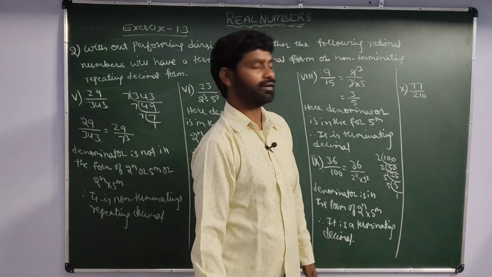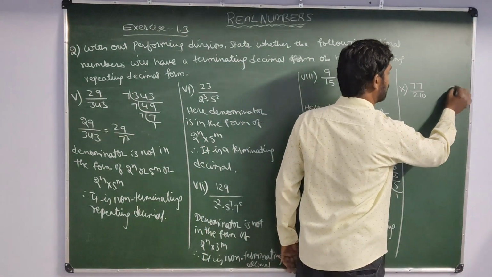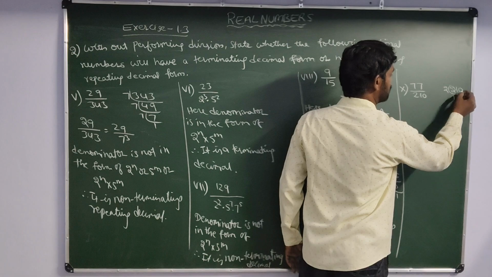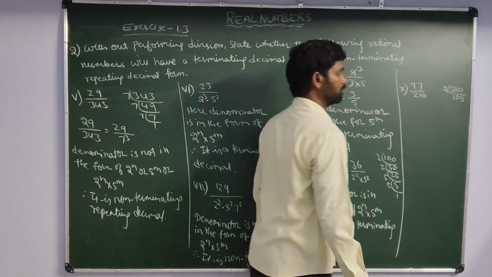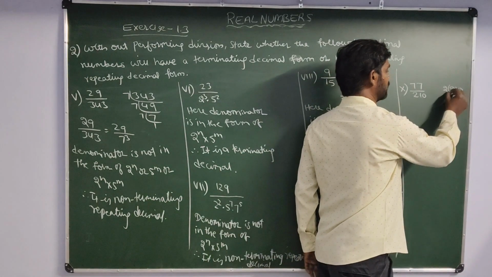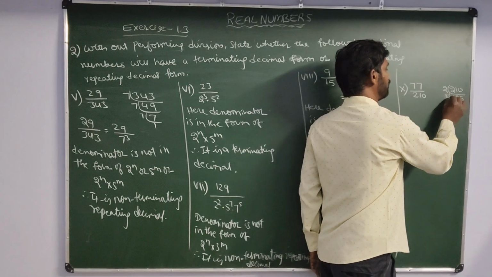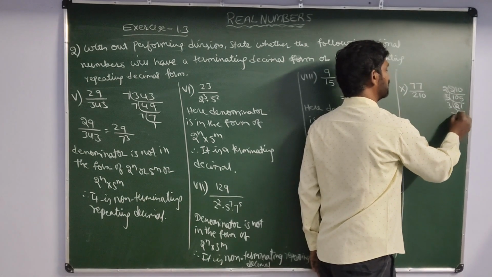Next question, 77 by 210. Take the prime factors of denominator 210. 2 5s are 10. Next, 5 twos are 10, 3 table, 3 sevens are 21, 7 table.